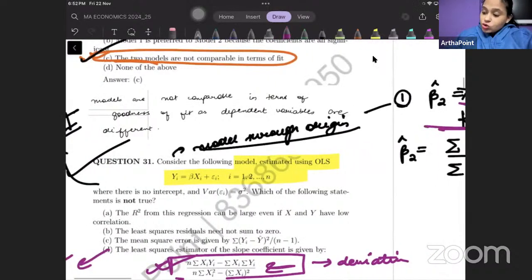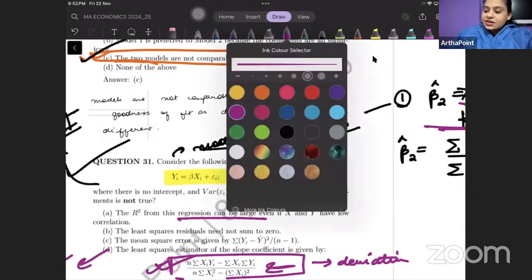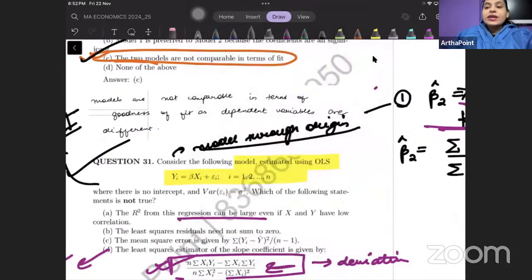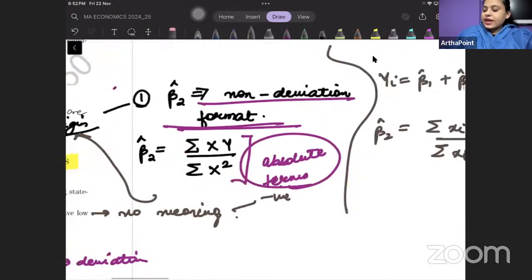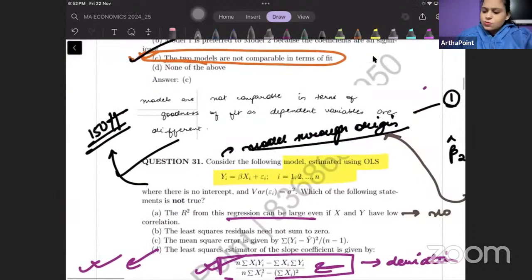Now the rest are actually true. R square from regression can be large. We said that this R square has no meaning when it passes through origin. It can be negative, it can be positive, it can be zero, it can be very large, very small. So this is correct. Least square residuals need not sum to zero.